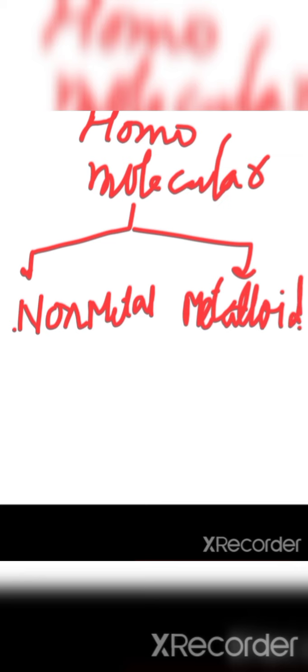All non-metals and metalloids are homomolecular, means those molecules which have the same kind of atoms are part of elements. Elements are not only atomic, elements are also molecular, but those molecules which have the same kind of atoms are homomolecular.